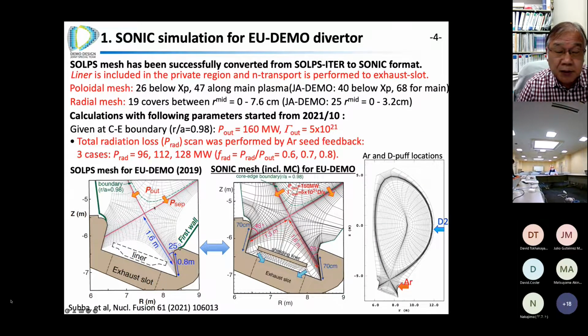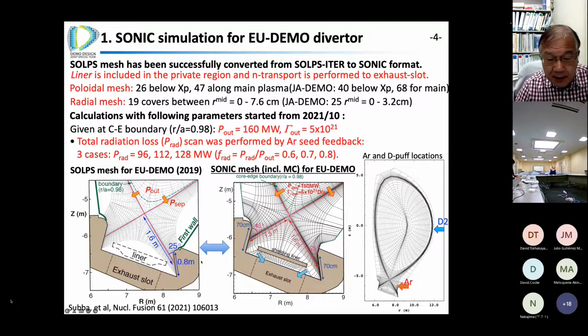The SONIC simulation for the EU divertor started last year. The SOLPS mesh has been successfully converted to the SONIC format. The mesh size is like here. This is the original SOLPS mesh for the EU DEMO, and in this case they do not have liner structures.